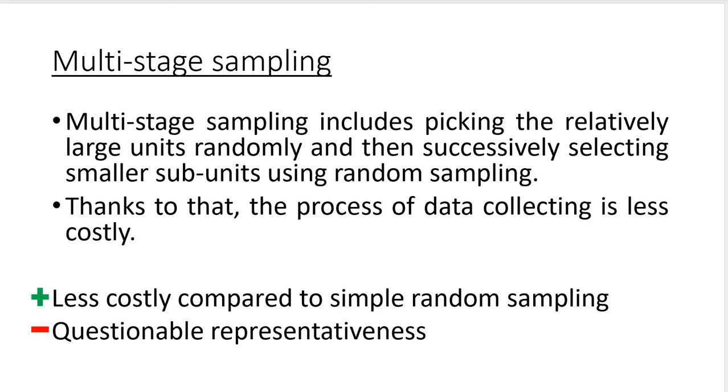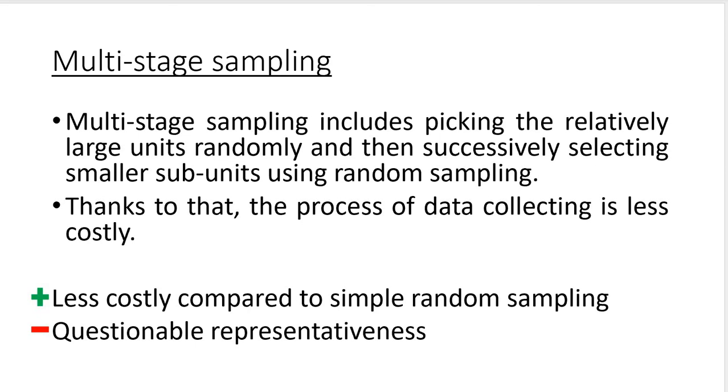Something like this. So compared to simple random sampling, it's obviously less costly, again, in terms of time and material resources. However, here, it's relatively easy to question representativeness. Because, for instance, you might know that prior to presidential elections, typically, there is some survey conducted by central statistical offices, like for whom you're going to vote. And based on that, they try to compute some initial primary results of the elections.